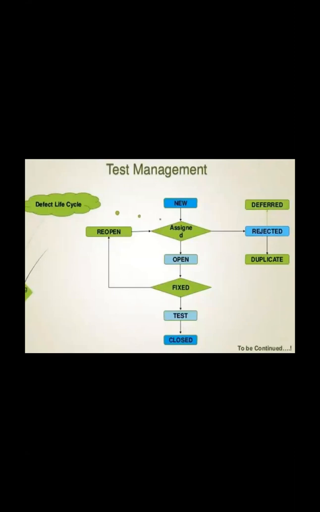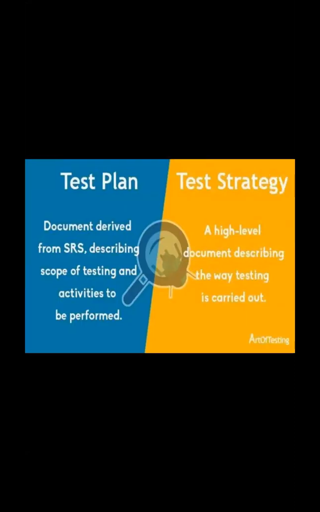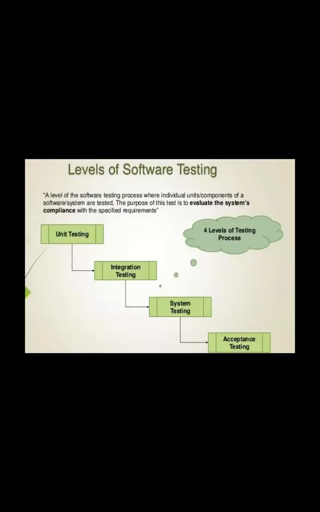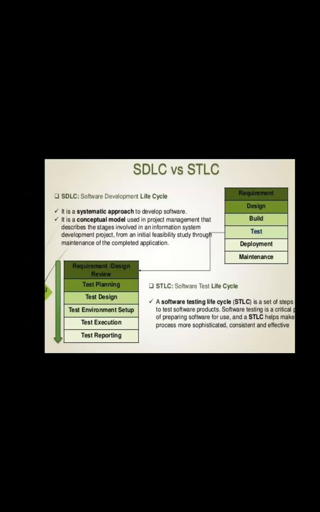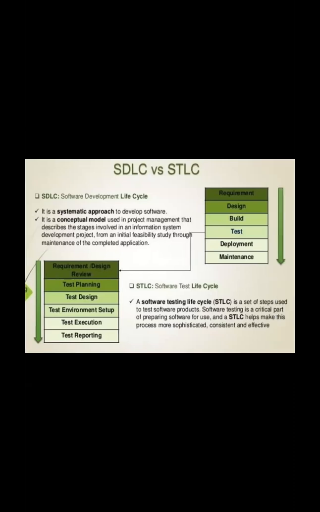So while performing software testing, how to perform the test process by using the various stages of test management activities. Then we saw the major difference between test plan and test strategy, and the levels of software testing like unit testing, integration testing, system testing, and acceptance testing.